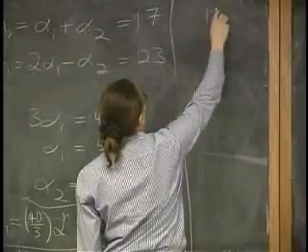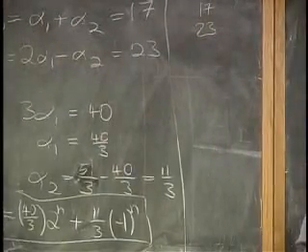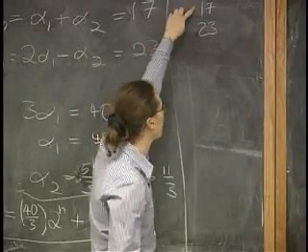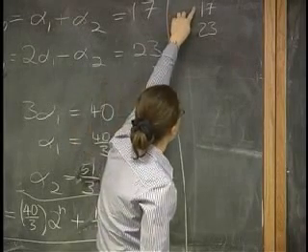So it goes 17, 23, and then it's the one previous plus twice the one previous to that. I can't add very quickly today. 57.